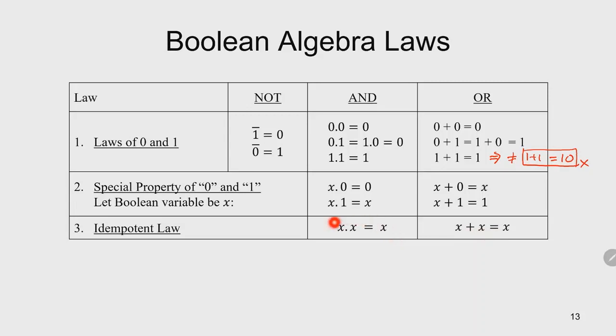Doesn't matter what operator, if the two inputs are the same, the output follows what the input is. Doesn't matter whether it's an AND or OR, if both inputs are identical, then the output will be the same as the input.